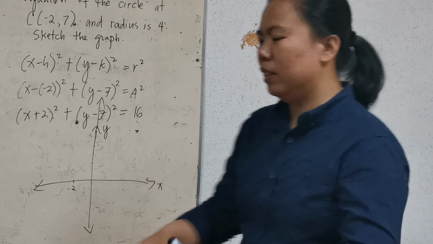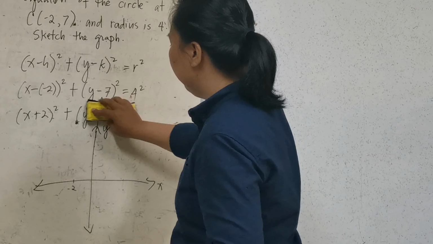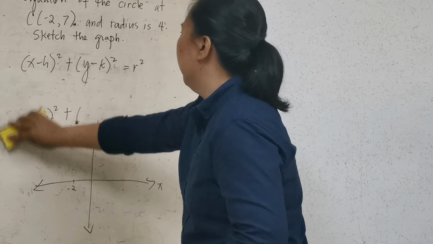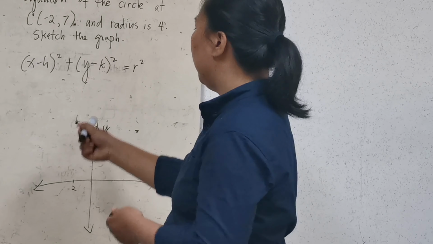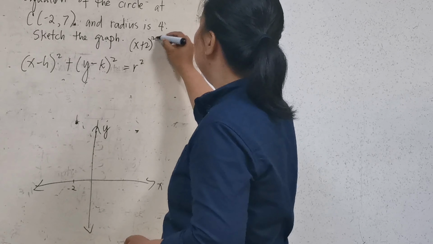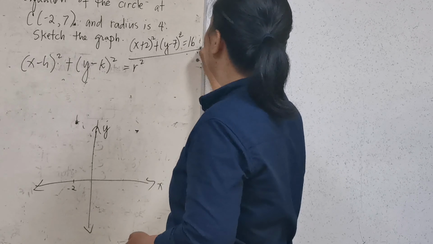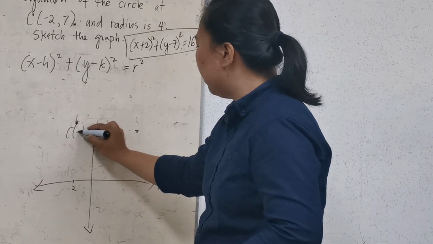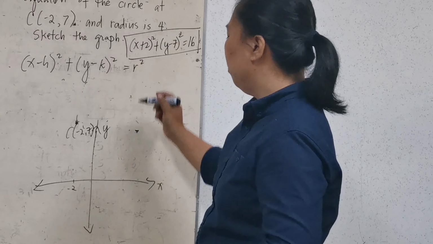Let me just erase some parts of the equation. I will write it here. So we have center at -2, 7, and then we have the radius is 4.